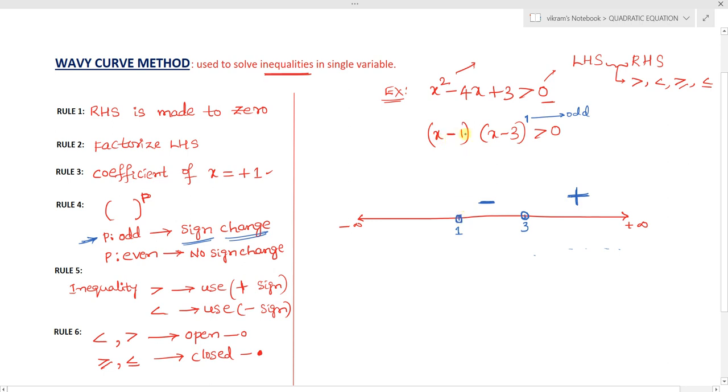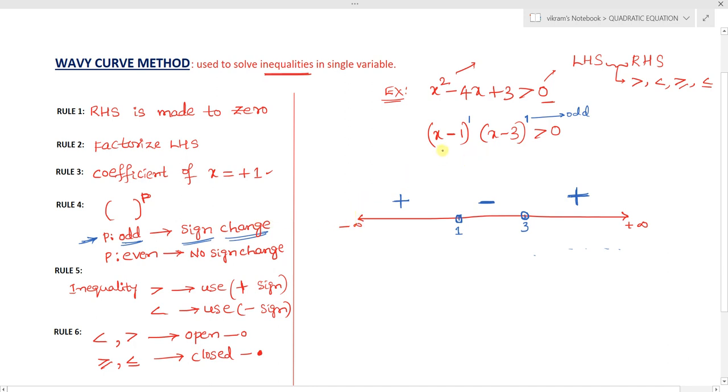What is the power of the x minus 1 factor? The x minus 1 factor's power is also 1. Again it is odd. After reaching 1, the power is odd, so again we need to change the sign. Up to 1 it is minus, now it has to be changed to plus. And there are no more roots over here, so no more values to be checked.